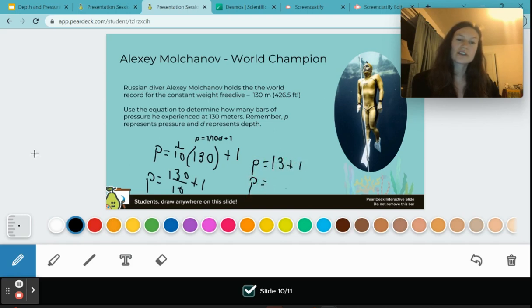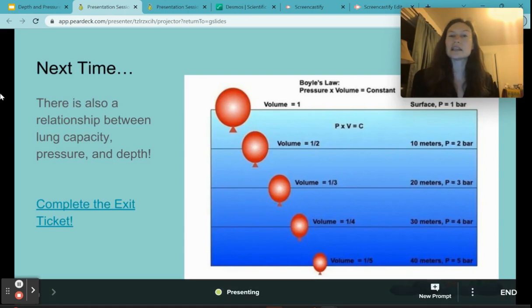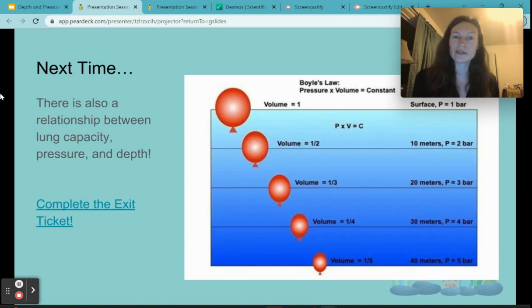So the total pressure was 14 bars of atmosphere when he was down there. That's quite a lot of pressure. And in our next lesson, we're going to see how that affects lung capacity, because this can be a dangerous sport if you're not aware of the mathematics going on behind it. So we'll look at that next time.